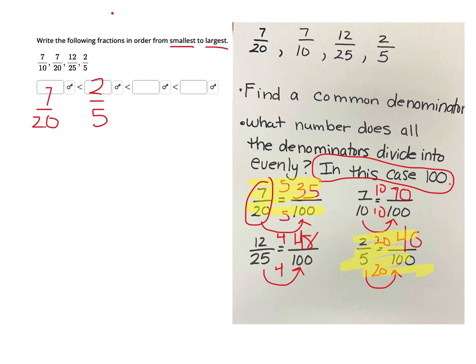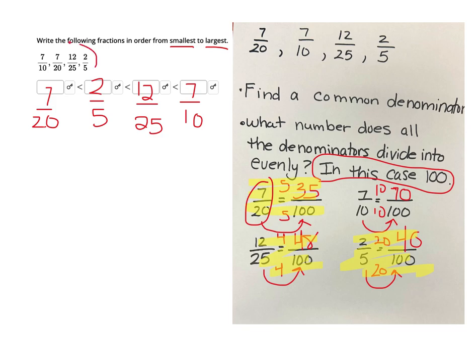Then it looks like my next biggest here is the 48 out of 100, which is the 12 out of 25. So I'm going to put that here, 12 out of 25. And then the biggest of all of them is the 7/10 because that's 70 out of 100. So I'm going to put 7/10 here.